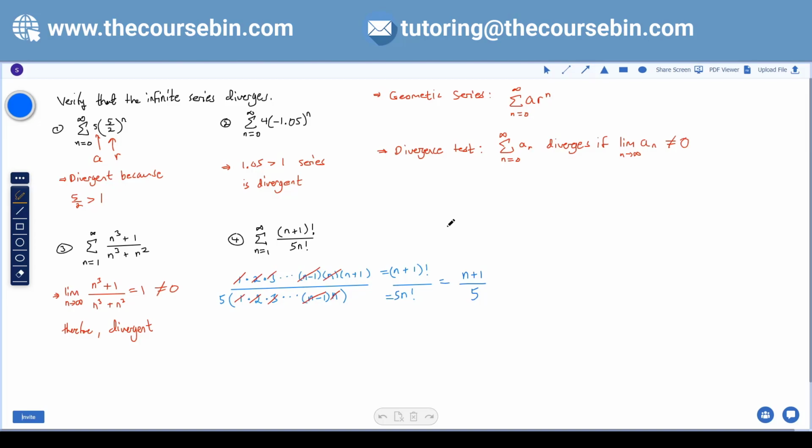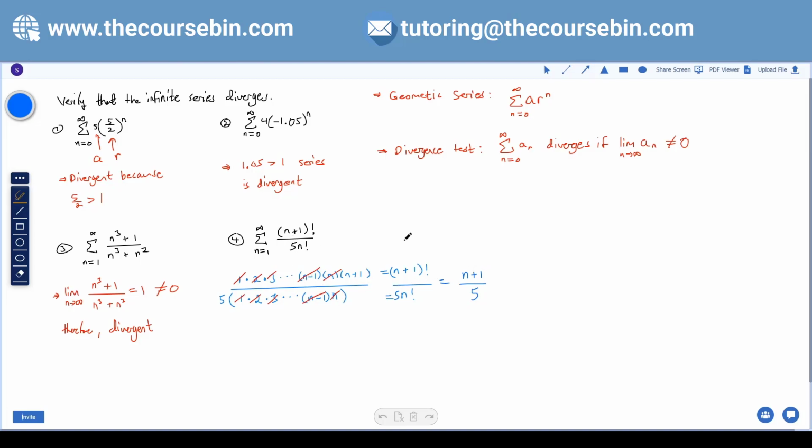Right, so when it comes to factorials, that's how you handle them. And with limits, with series, you're going to be seeing a lot of these factorials. They're going to show up a bunch. So you have to reduce them to something more manageable before you start determining whether they converge or diverge.